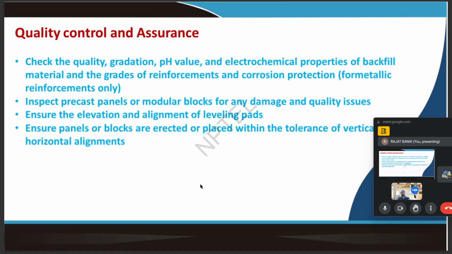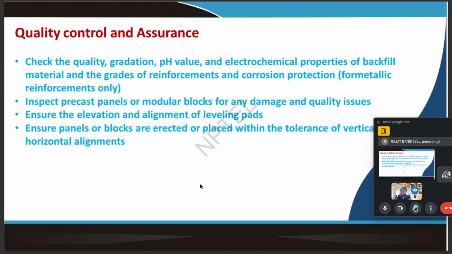Then we discuss quality control and assurance, which is most important for our design because it is done during construction, and based on this we need to check whether the construction is going on up to the mark or not.